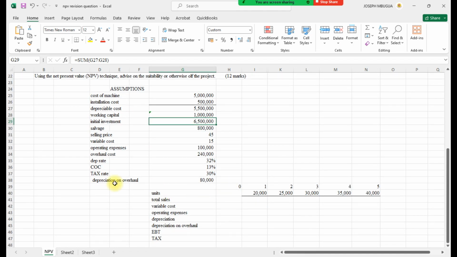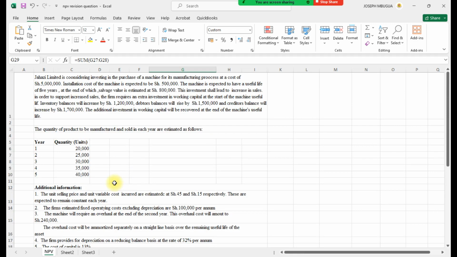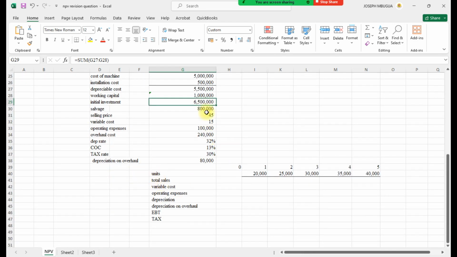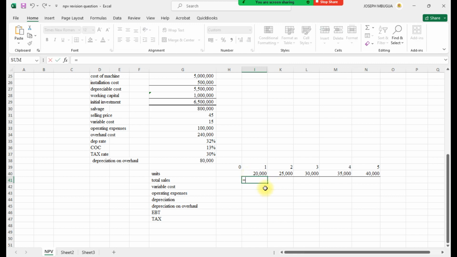The units we have been given, year 1 to year 5, and already we know the selling price. To get the total sales, we activate the equal sign. I will take my units multiplied by the selling price, and remember the selling price is a constant.